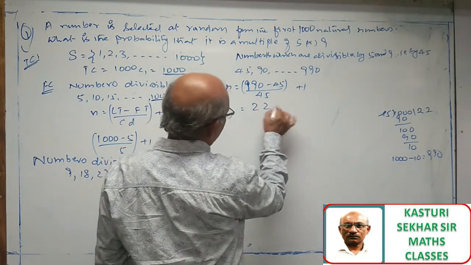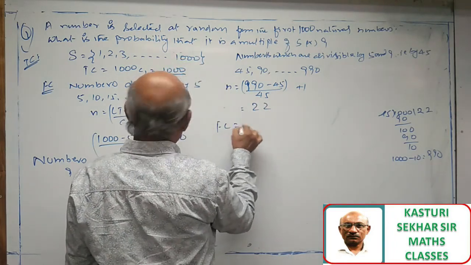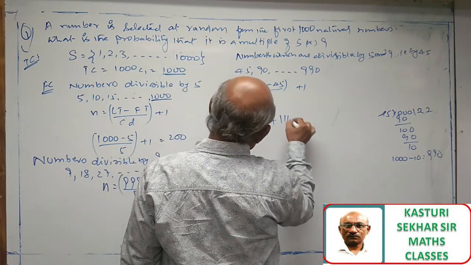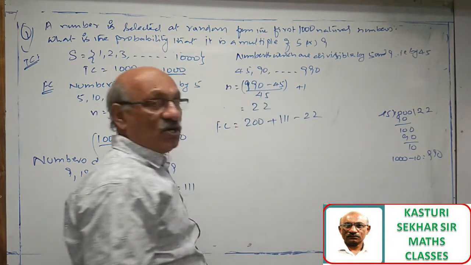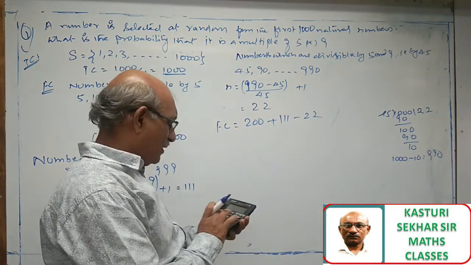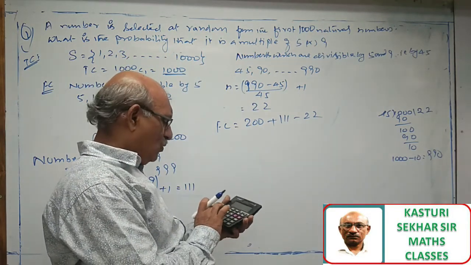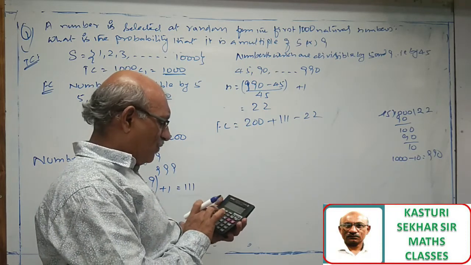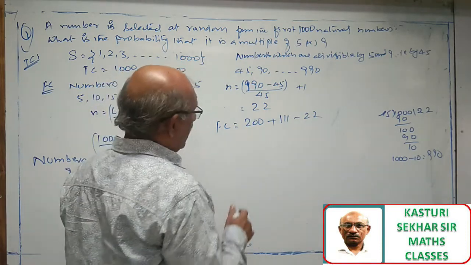21 plus 1, 22. So 22 numbers are double counted, sir. Favorable cases are 200 plus 111 minus 22, which is 289.